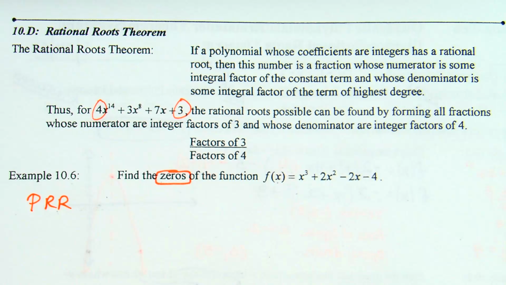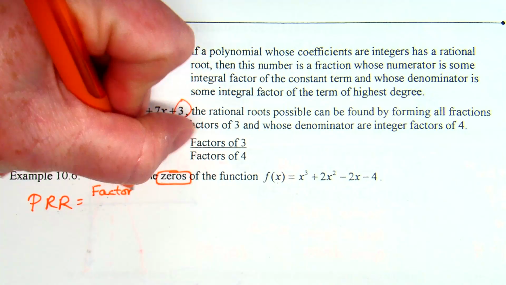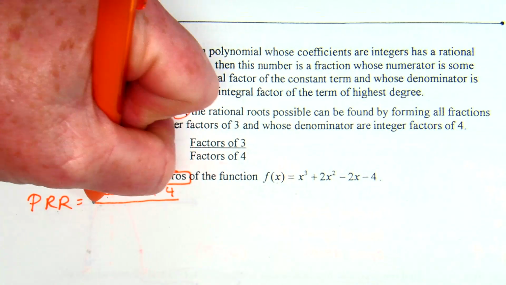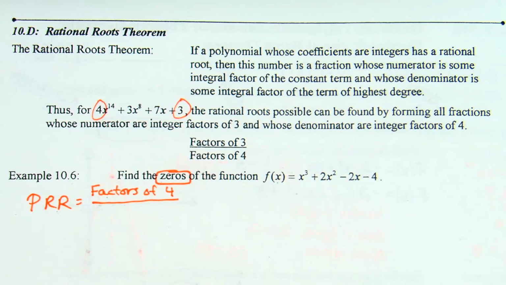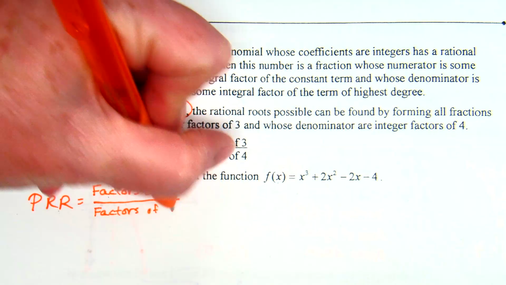In this case, we're doing factors of what on top? Okay. And I just say factors of 4 because we're going to use plus or minus, so it doesn't really matter. Over factors of what on bottom? Factors of 1. So they're making life easy on us. And that's because 1 is the coefficient of x cubed.